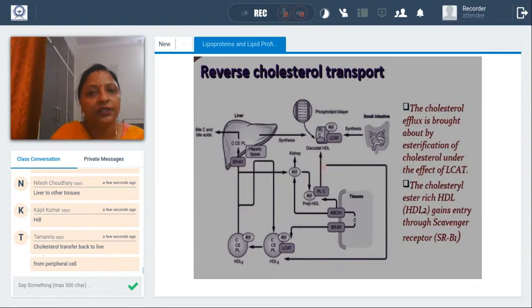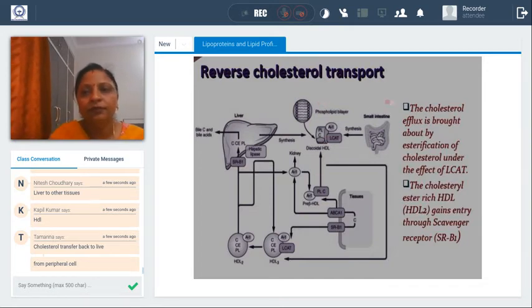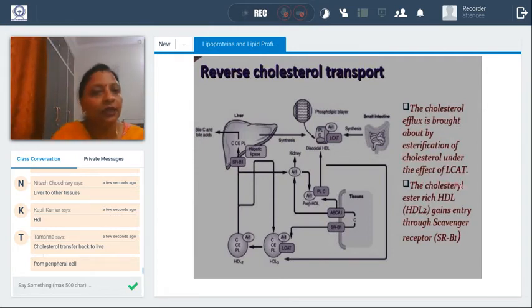This is the slide of reverse cholesterol transport, or we can say HDL metabolism. The cholesterol efflux is brought about by esterification of cholesterol under the effect of LCAT, as I discussed earlier. The cholesterol ester rich HDL2 acts through scavenger receptor SRB1.